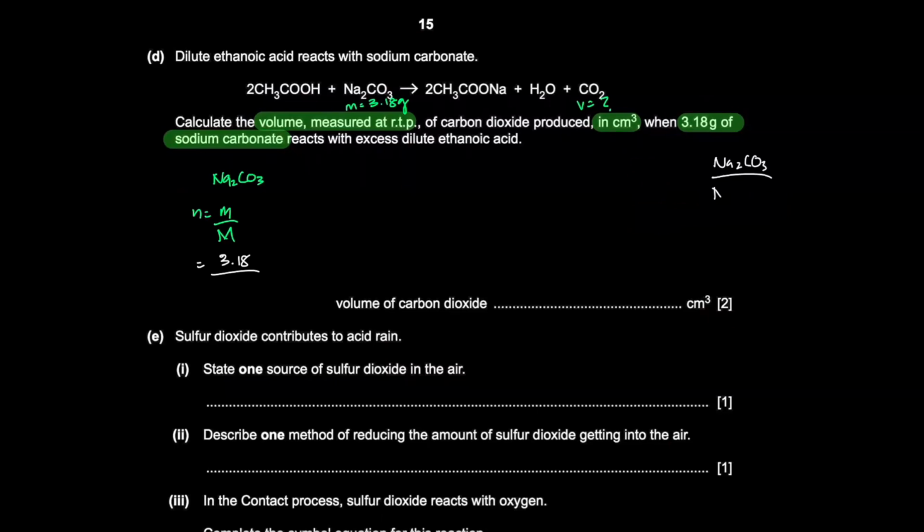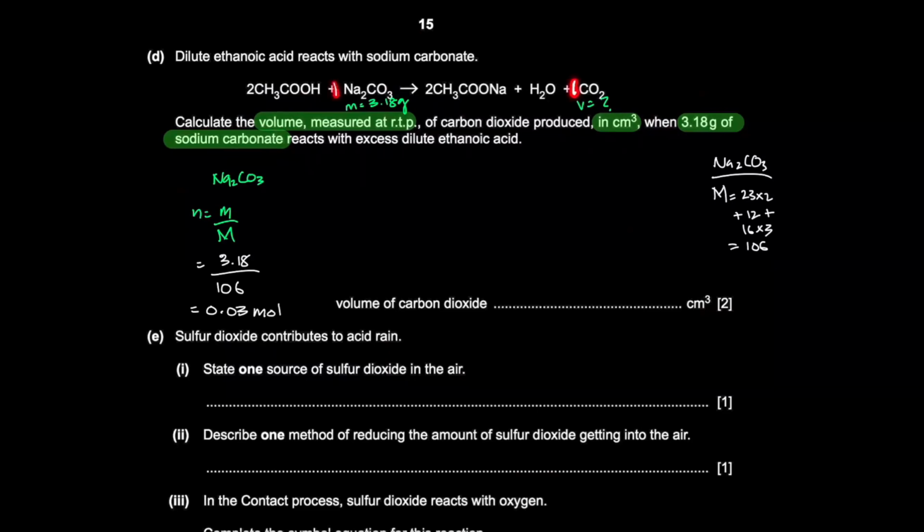The molar mass of Na2CO3 is 23 times 2 plus 12 plus 16 times 3, which is 106. Okay, so 3.18 divided by 106, and that gives you 0.03 moles. The ratio is 1 to 1.